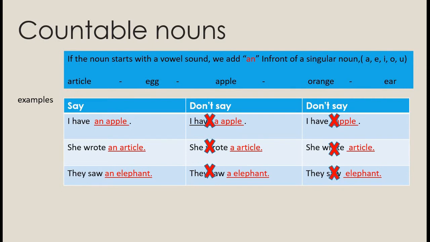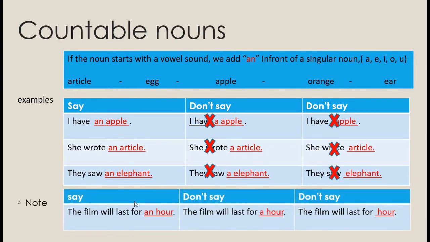Now look at this example. The film will last for an hour. If we look at this hour, this singular noun starts with the letter H, but the sound is vowel-like, as in hour. So we use an. That's why we said here it's vowel sound.